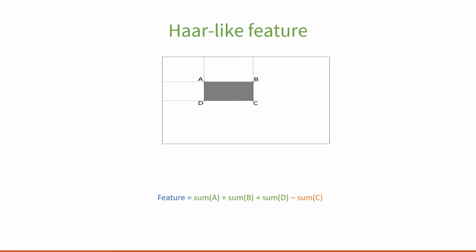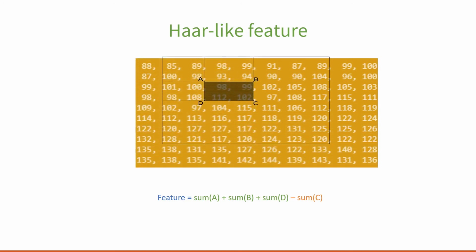The feature is nothing but the sum of the pixels inside A, B and D, from which we subtract the pixels inside C. Just adding all the white and subtracting the black, in this way we get the feature.